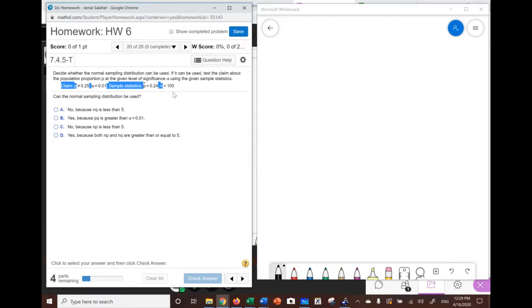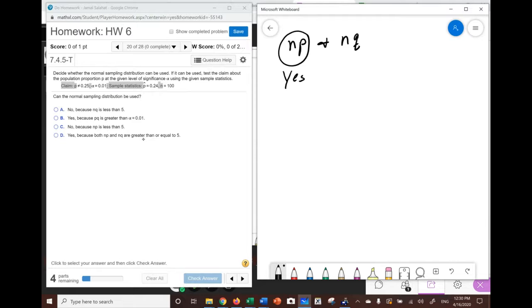Now, in order to use the normal sampling distribution, the condition is that both NP and NQ, and again, NP is equivalent to the number of yeses.